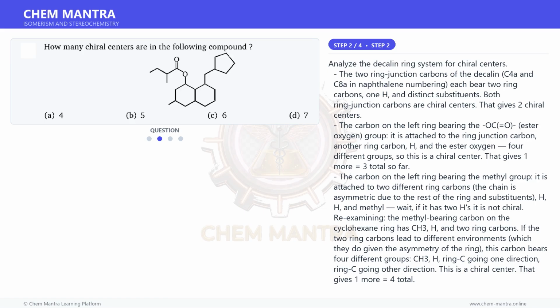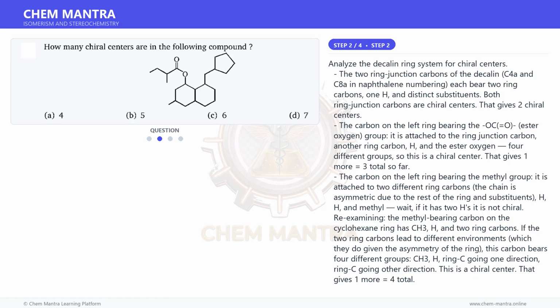If the 2 ring carbons lead to different environments, which they do given the asymmetry of the ring, this carbon bears 4 different groups: CH3, H, ring C going one direction, ring C going other direction. This is a chiral center. That gives 1 more, equal to 4 total.